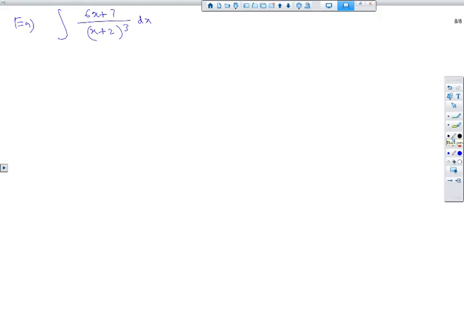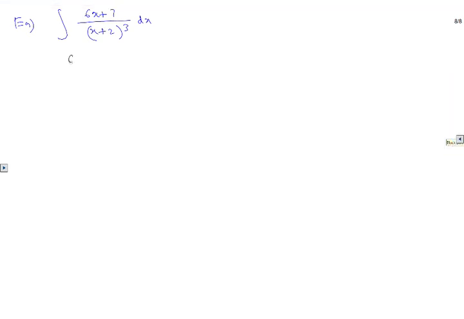The argument is very similar. We can write the form first. 6x plus 7 over x plus 2 cube is identically equal to, we always start with the smallest one, x plus 2, and everything follows the same pattern. So it is a over x plus 2, b over x plus 2 squared, and then c over x plus 2 cube. That's the form. Everything follows the pattern of the smallest one.